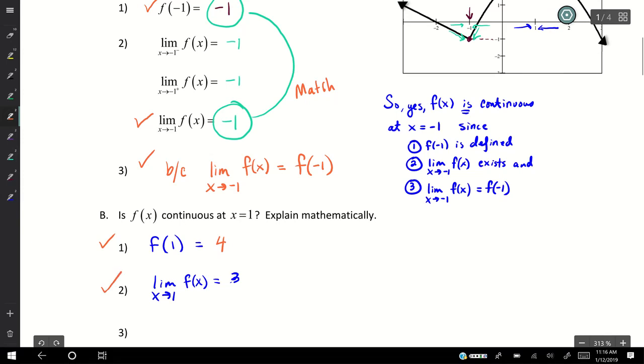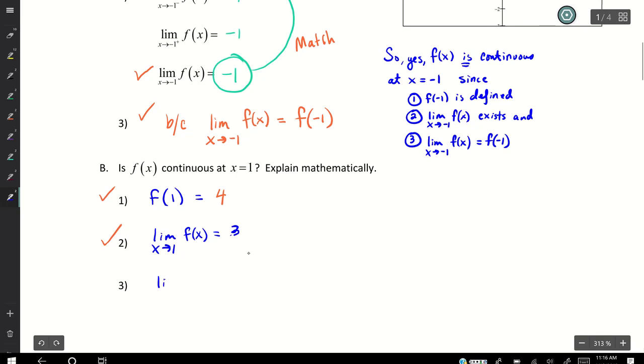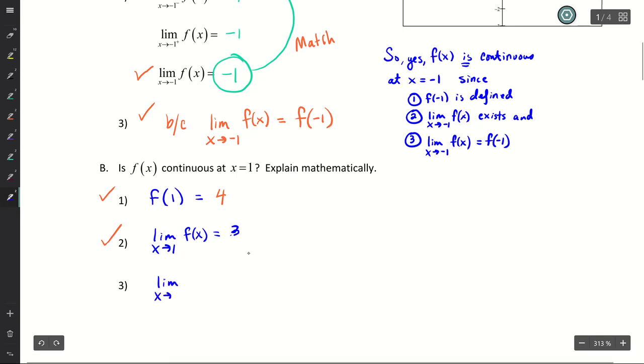And the third part of the definition says that the limit as x approaches 1 of f of x has got to equal f of 1. Well, we look here and say, uh-oh, these 2 values don't match. So even though our first 2 pieces of the definition are satisfied, the last one is not. On there, you could just put a slash through that equals, or put an x here.